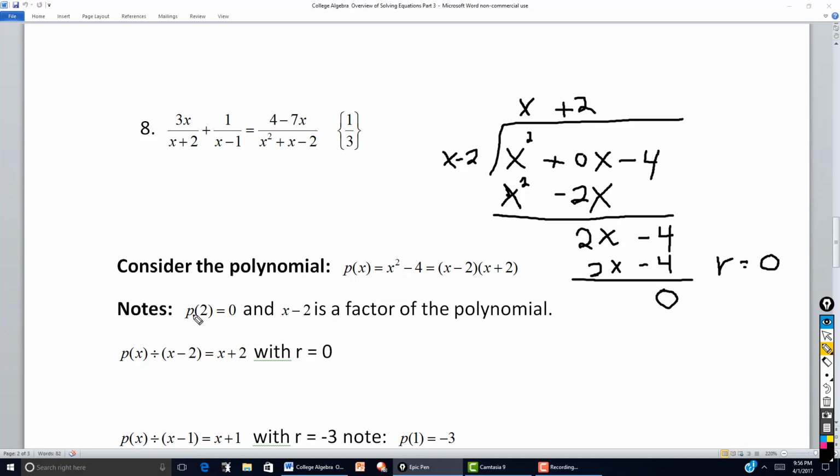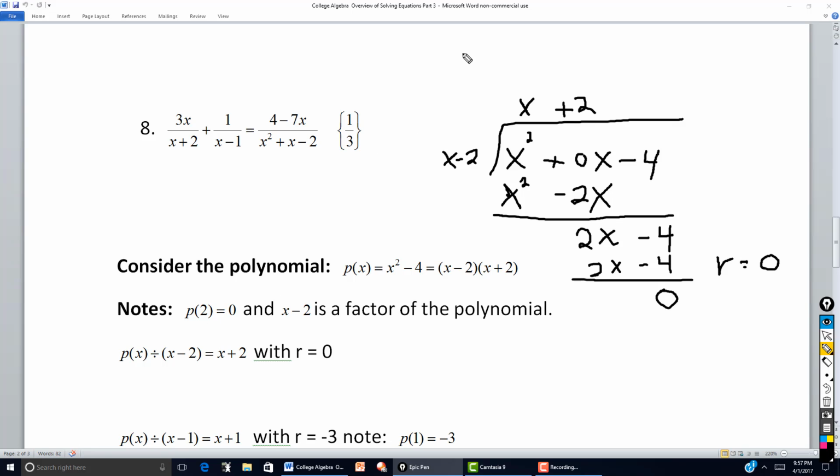So notice over here, I have p of 2 is equal to 0. So this basically tells me that if you evaluate a polynomial at some number, that number turns out to be the remainder if you were to divide that polynomial by x minus that number.